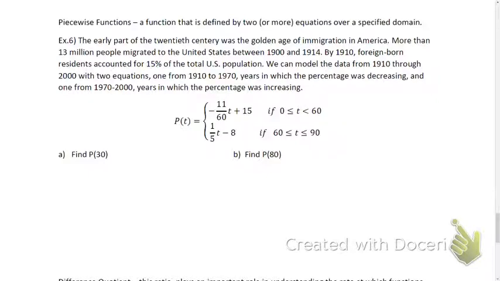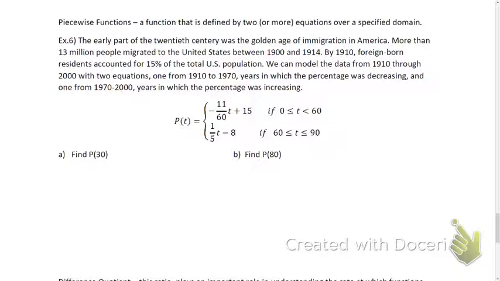15% of the population were foreign born in 1910. So they made two functions based on what span of years we're looking at. So 1910 to 1970, we're looking at that first. And 1970 to 2000, we're looking at the second function.